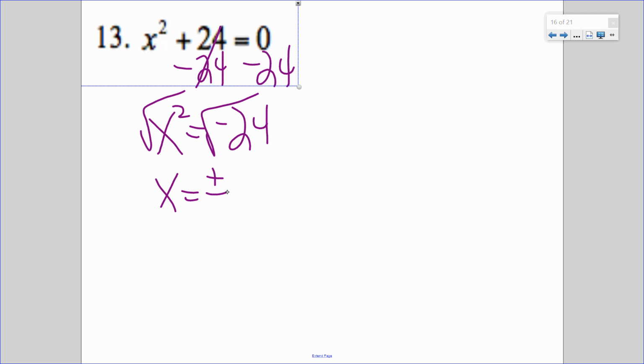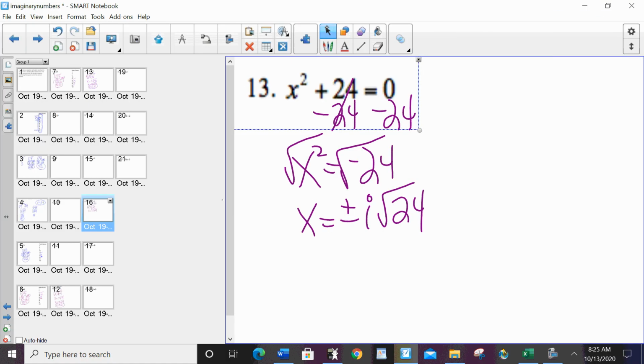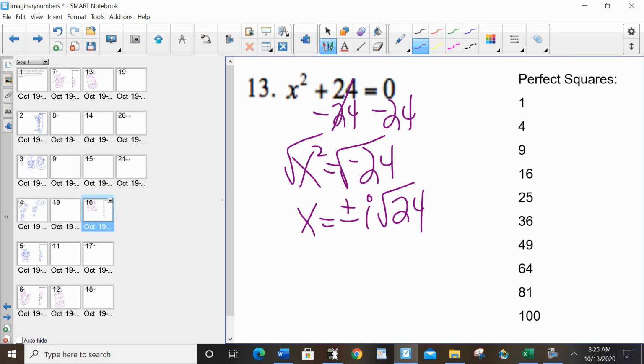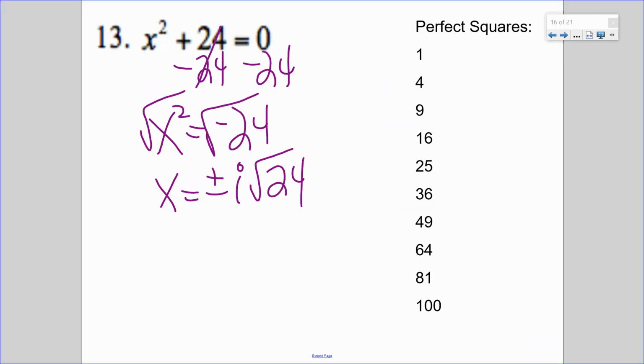Now, to get rid of that negative inside the radical, it comes outside and becomes an i. Now, 24 is not on my list, so I need to break it down into my perfect squares and non-perfect squares.